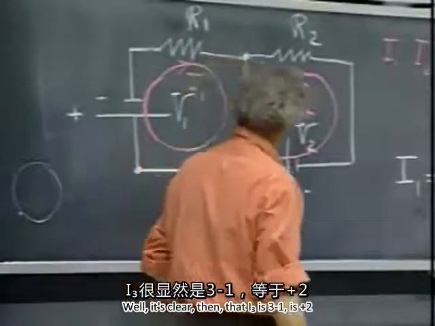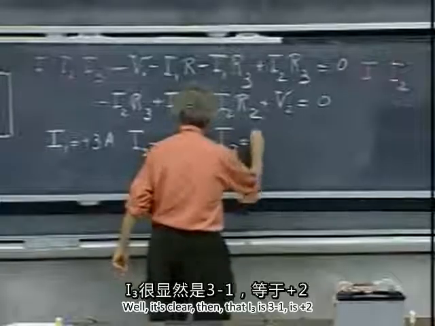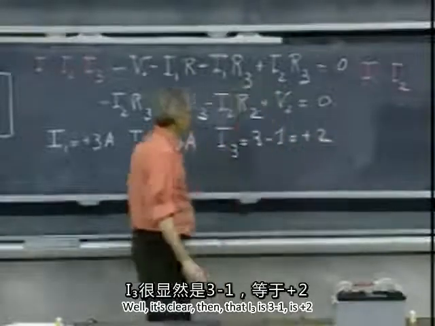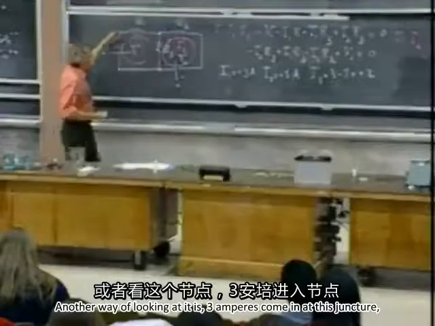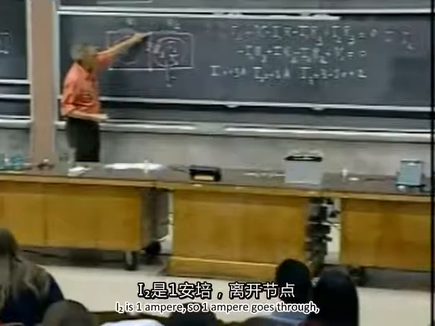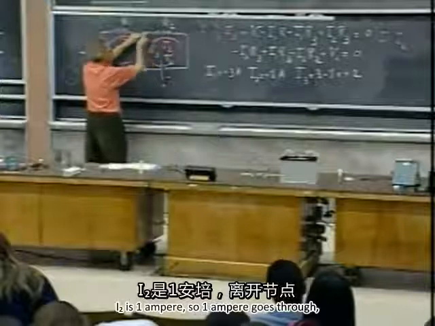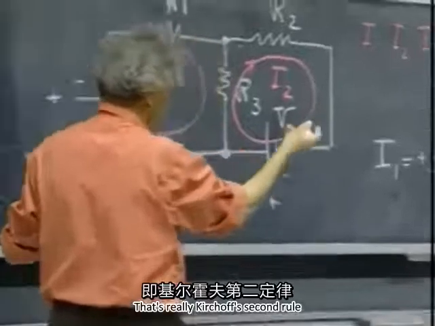Well, it's clear then that I3 is 3 minus 1, which is plus 2. Another way of looking at it is 3 amperes come in at this juncture. I2 is 1 ampere, so 1 ampere goes through, so 2 must go down. That's really Kirchhoff's second rule.